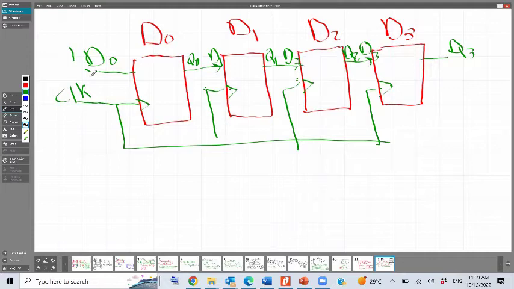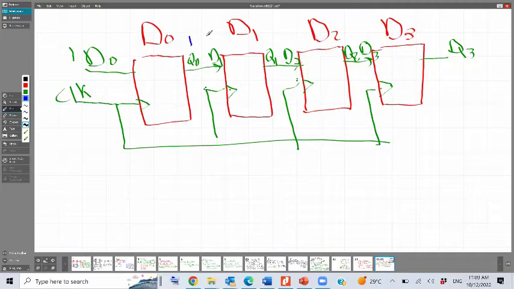So I input 1, I receive the rising edge. At the rising edge, this one is here. The rest are zeros. And now I have another rising edge.